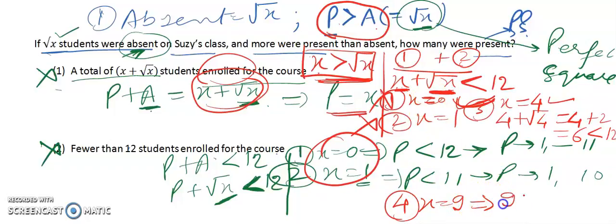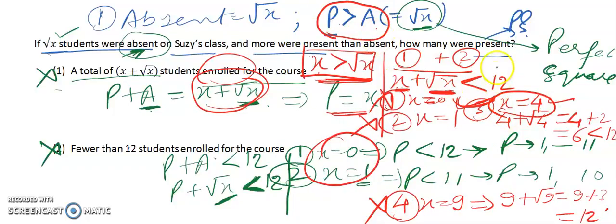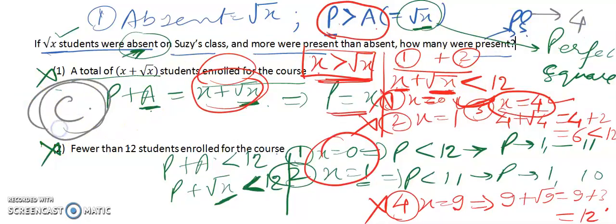With this, 9 plus root 9 is 9 plus 3, equal to 12. But this is not less than 12, this is equal to 12. So this is not a contender. So we are left with only one value of X, which is 4. So P is 4. The correct answer is C.